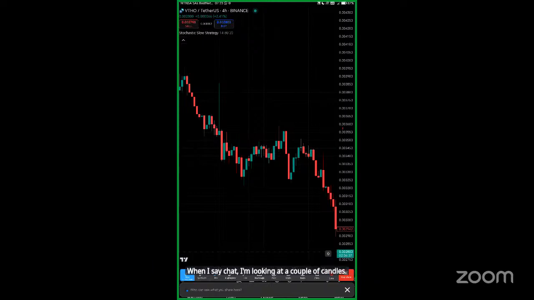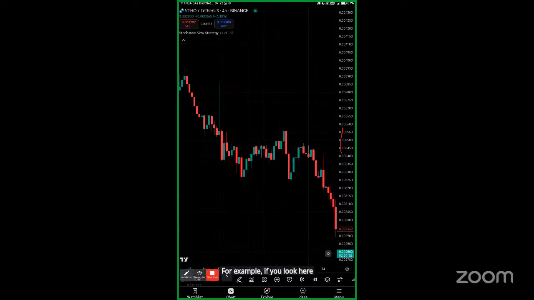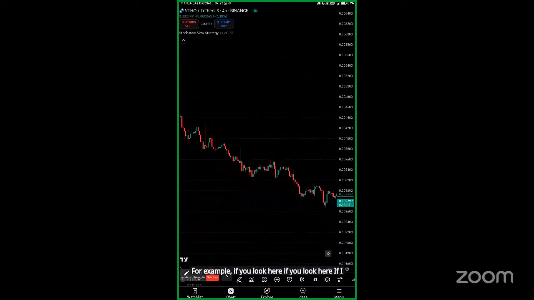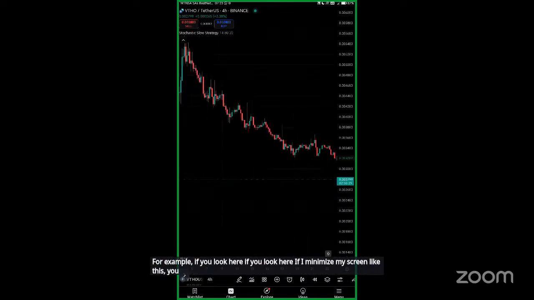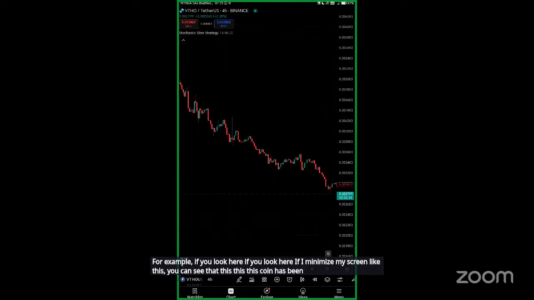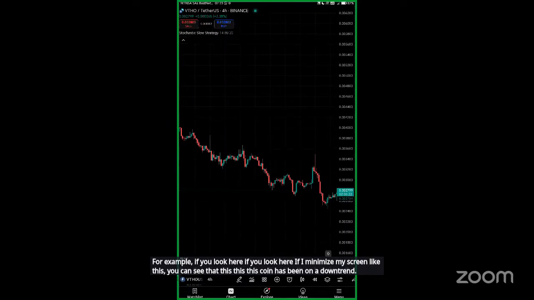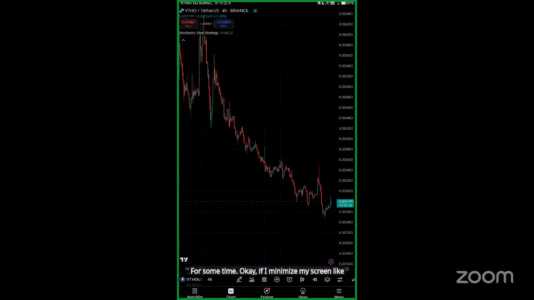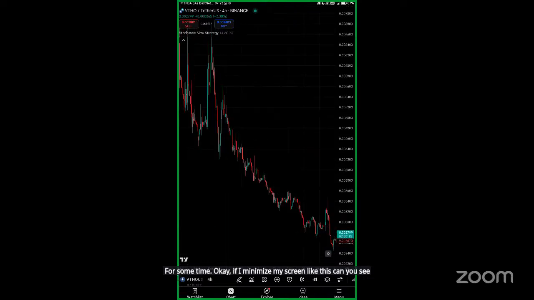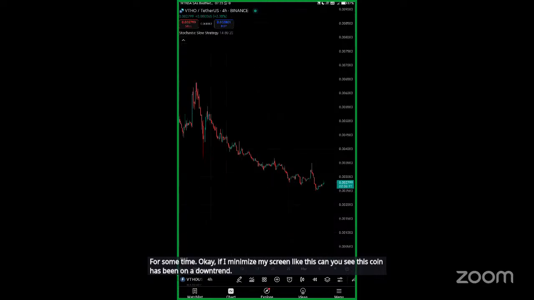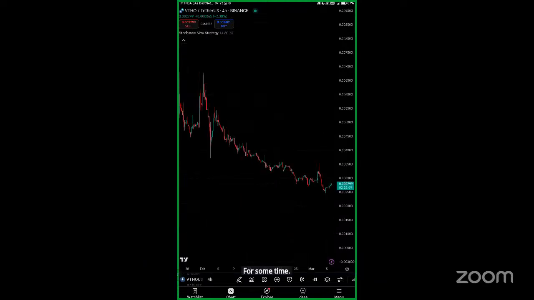For example, if I minimize my screen like this, you can see that this coin has been on a downtrend for some time. Look at this trend.